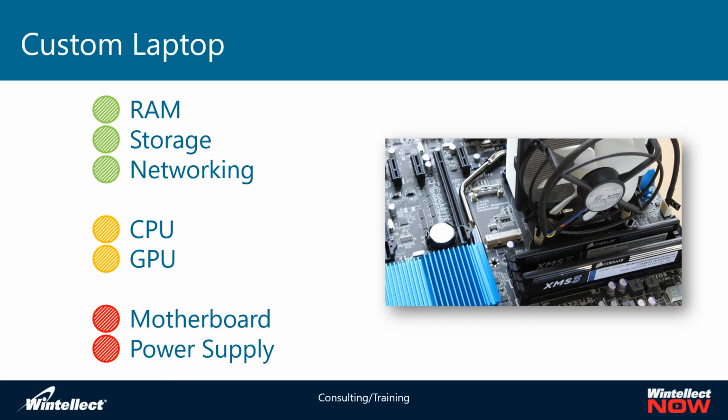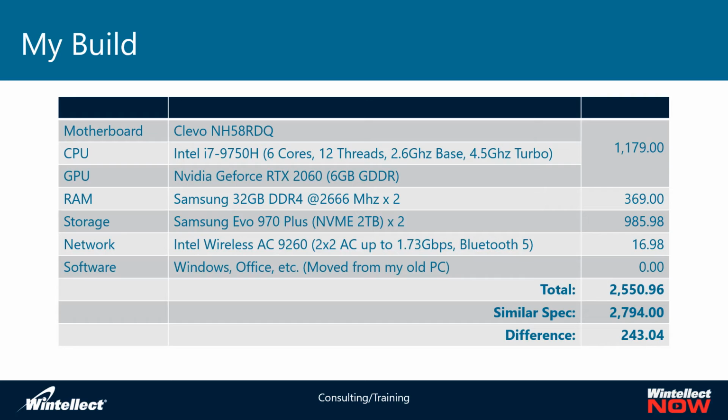So with this in mind, I actually went about going down the route of customizing a laptop, and I sourced a Clevo bare bones laptop, and it ended up looking something like this. My build used a Clevo NH58RDQ, and that had in the chassis already a motherboard, GPU, and CPU.